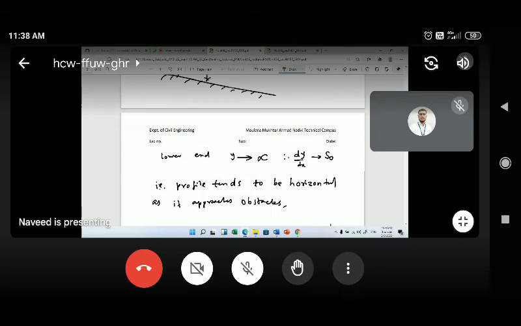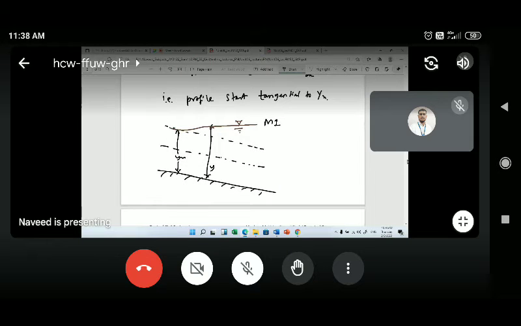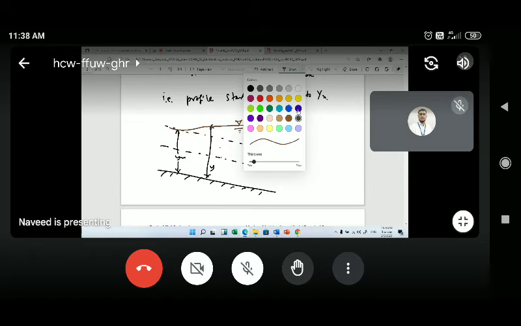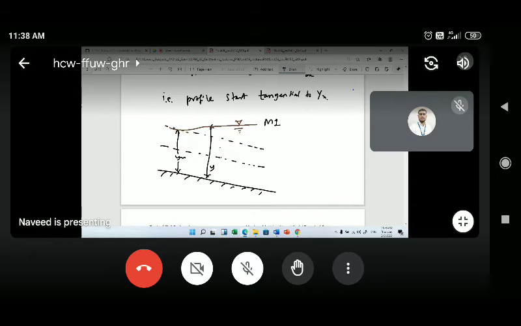Now somewhere here is our value y for the M2 slope. Okay, so I will change the color again so that you will understand. I will take the blue color for y of M2. So here y will remain up to here if we take M2. Okay, that is the y.